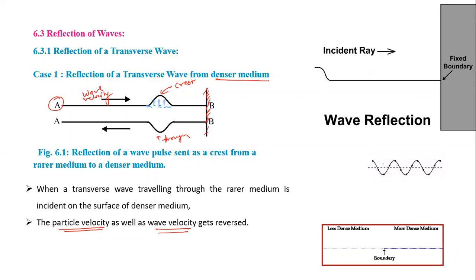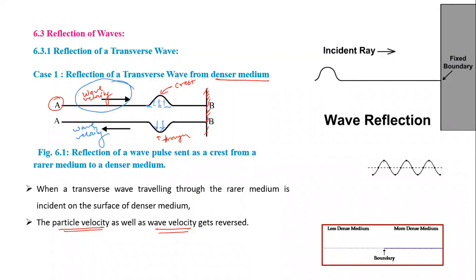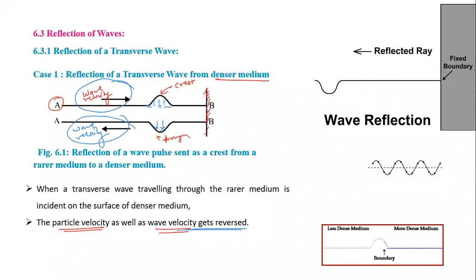Now after reflection, this is the wave velocity and the particle velocity is this. You can see the wave velocity is initially towards the right side, and after reflection towards the left side. It means the wave velocity is reversed. Now the second one is particle velocity.